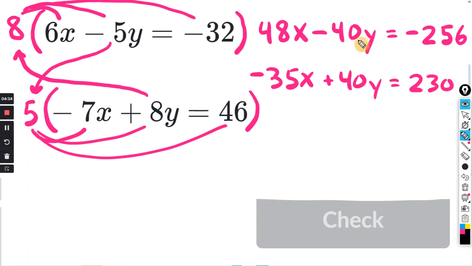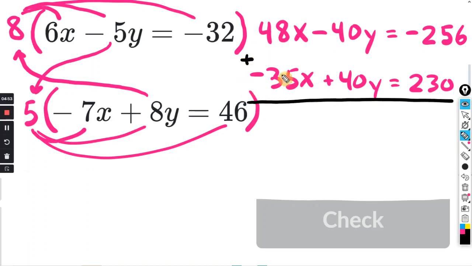Now, we said you can add or subtract the equations from each other, and the goal is to get a variable to drop out. So here we have negative 40y and positive 40y. If we add these, we'll get 0. This will drop out, so let's do that. I'm going to take these 2 equations here and add them.